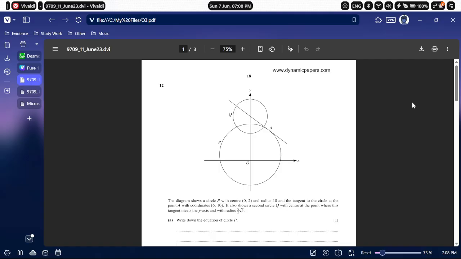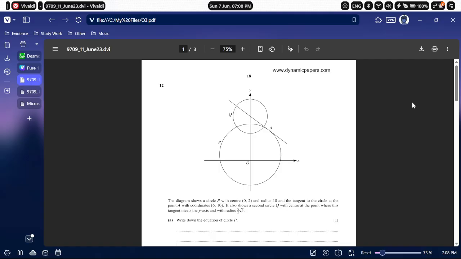Let me think how exactly I should explain this. Basically, it's a circle, so at two values of x, you'll get the same y value. Here you need to show that the point of intersection is the same.